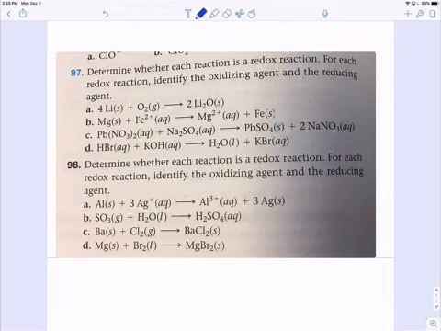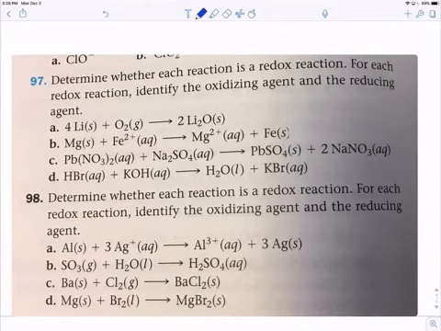Oxidation state: lithium is 0, oxygen is a free element, 0. Then +1 here, -1. So we do have a transfer of electrons. Lithium is being oxidized, oxygen is being reduced. So lithium is the reducing agent and oxygen is the oxidizing agent.